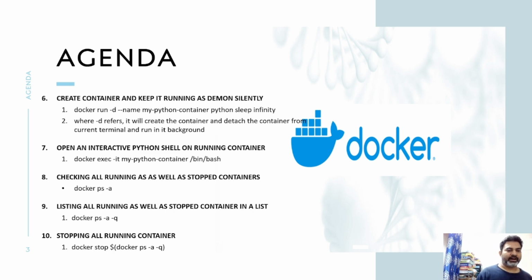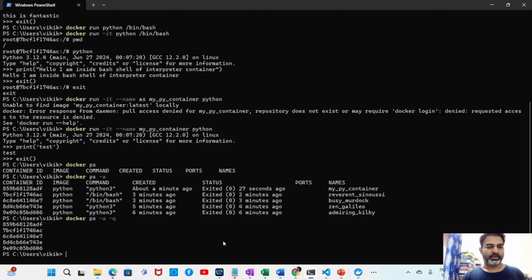The command for doing this is docker run -d. The -d indicates that you need to create this container in detached mode, which means the container is detached and keeps running in the background. Let me show you.